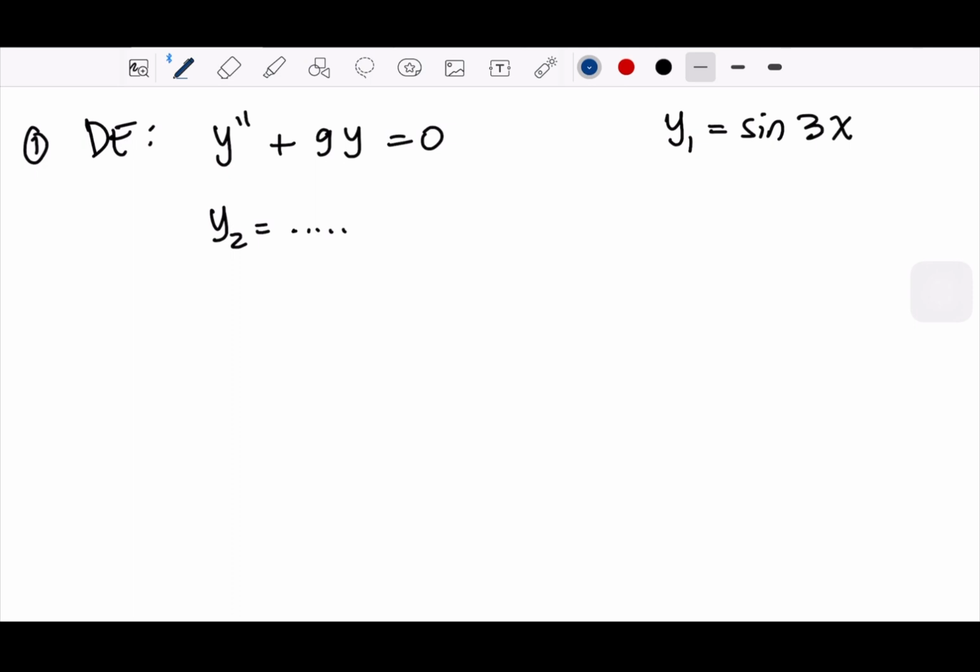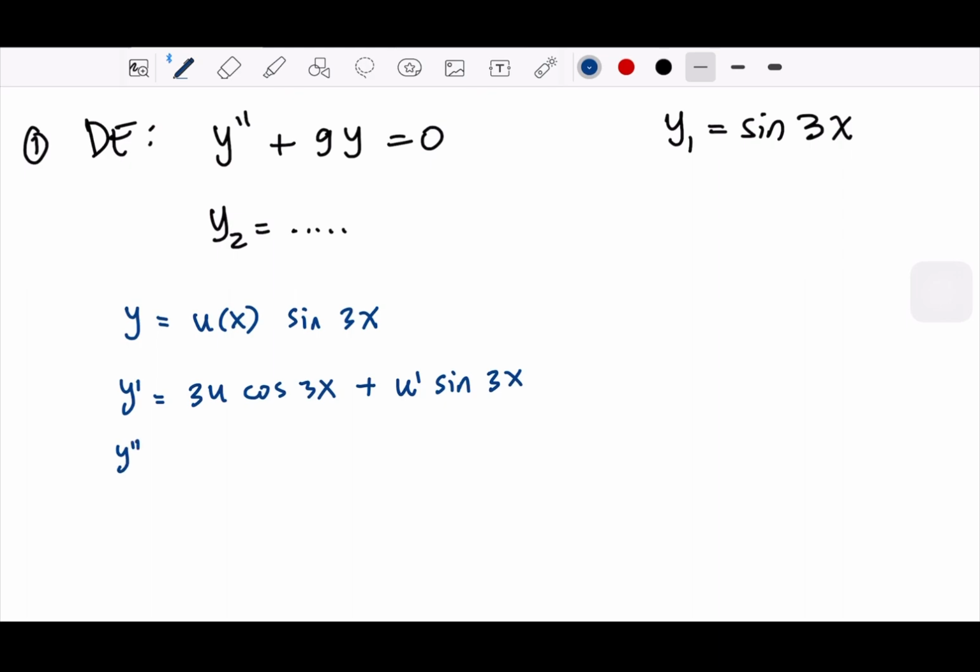So first, perhaps we could let y be u times y1, where y1 is sine 3x, and then differentiate and apply the product rule, so 3u cosine 3x plus u prime sine 3x, and then differentiate one more time.